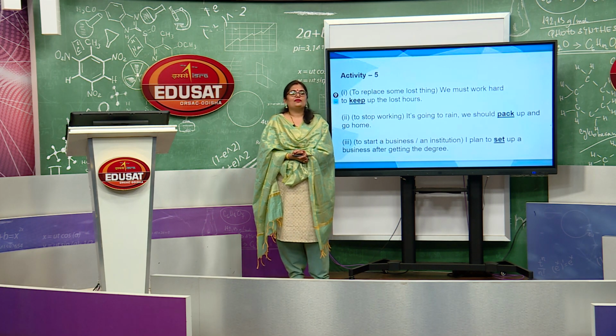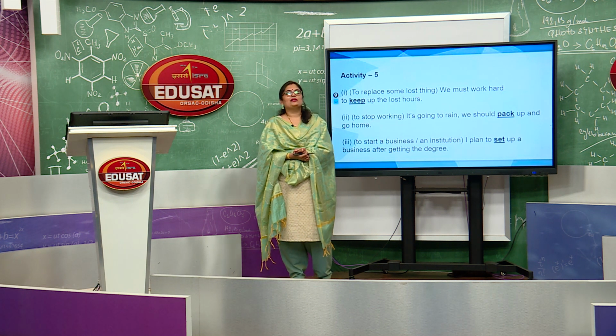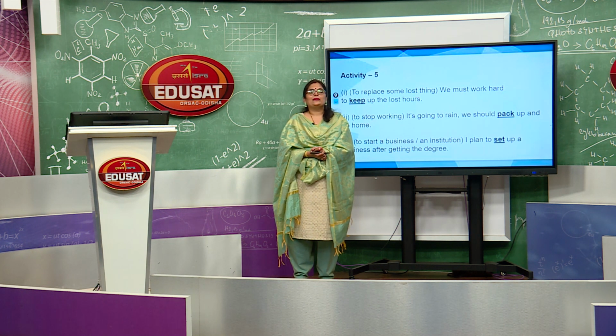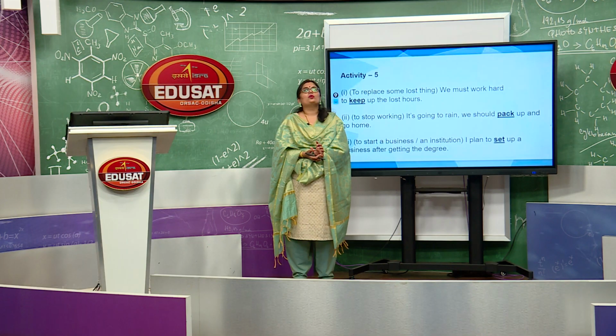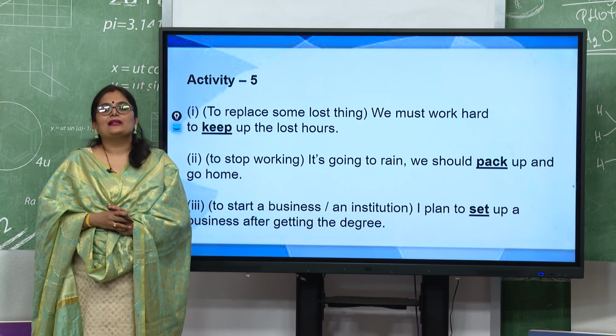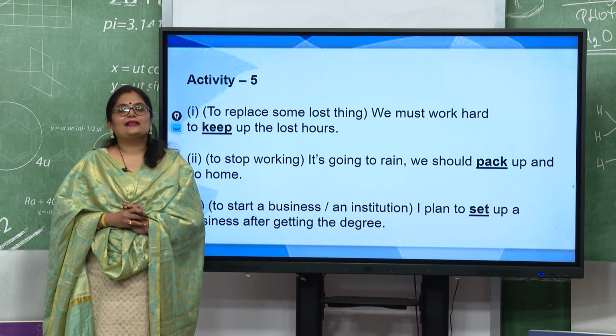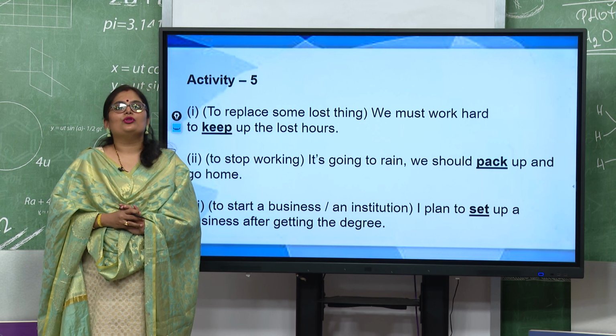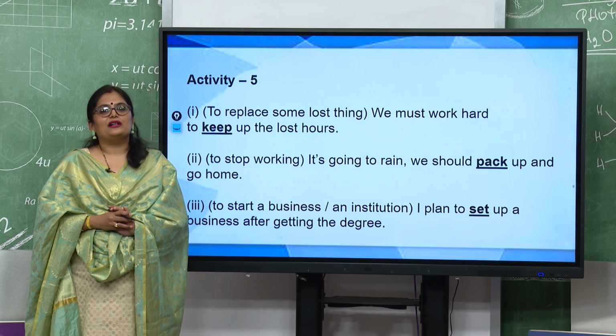So, these are some of the examples where certain words can be used to replace a particularly long word as a meaning. Phrasal verbs can be of many types, and these are certain examples that will help you to know more about phrasal verbs.